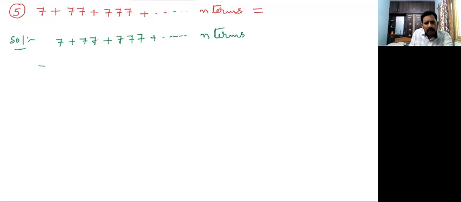Here we can follow this method. First take 7 common. This is not an AP series, this is not a GP series. So we have to convert it now to either an AP series or a GP series. That's why I'm taking 7 common. Remaining is 1 plus 11 plus 111 plus and so on, n terms.